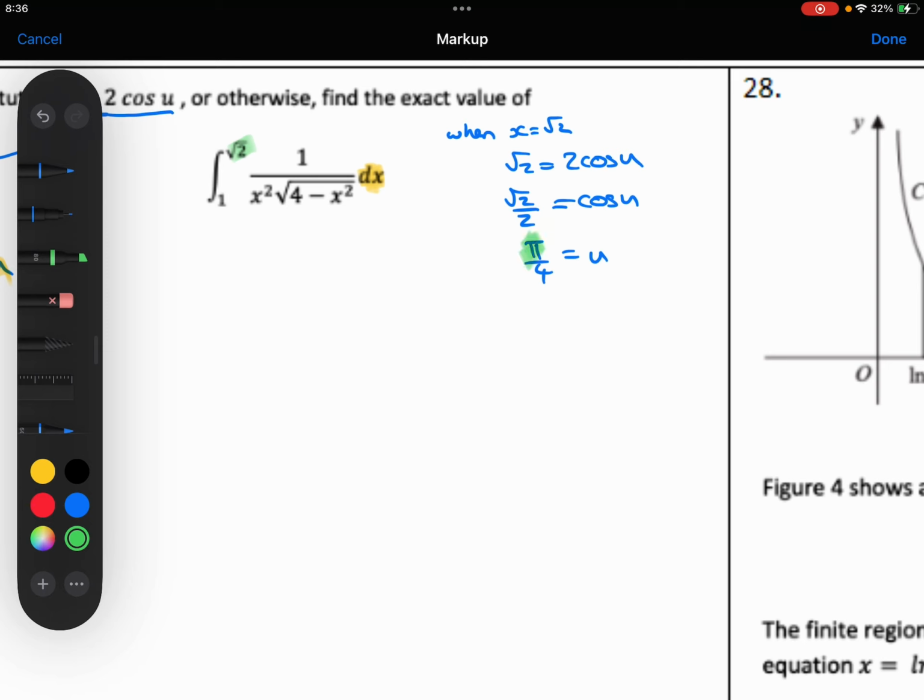So when x is root 2, u is pi over 4. Now for the lower limit, when x is 1, I get 1 is equal to 2 cos u. Divide both sides by 2 and do cos inverse, and I find that u is pi over 3. So when x is 1, u is pi over 3.